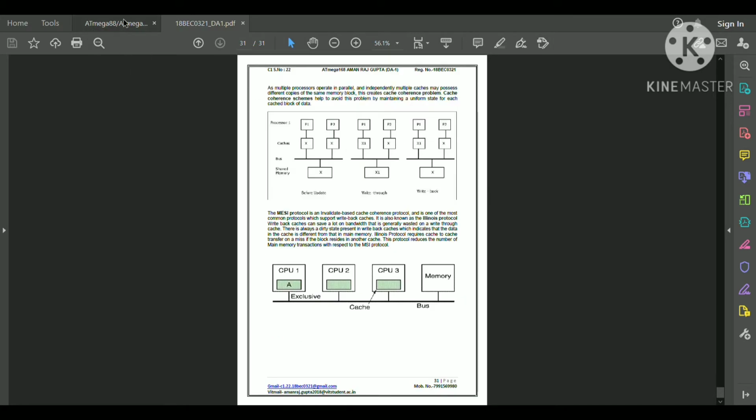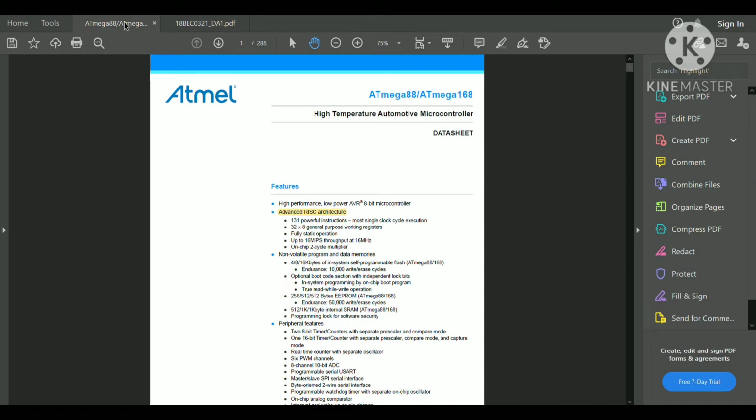And this is the datasheet of Atmega 168. As you can see, it's a high temperature automotive microcontroller based on RISC architecture, and there are three timers as well as counters, based on 8-bit as well as 16-bit.